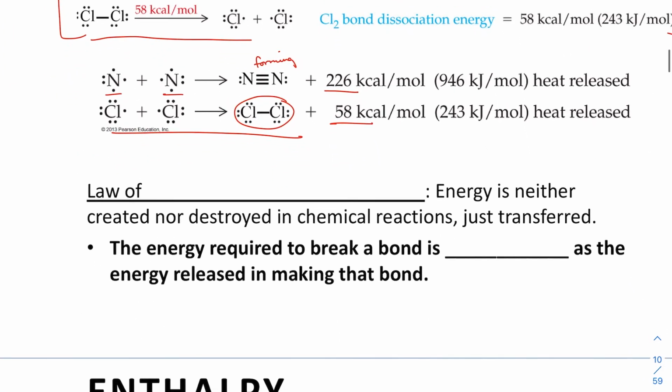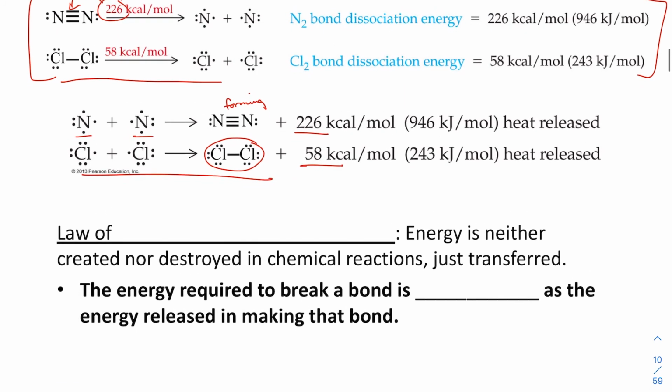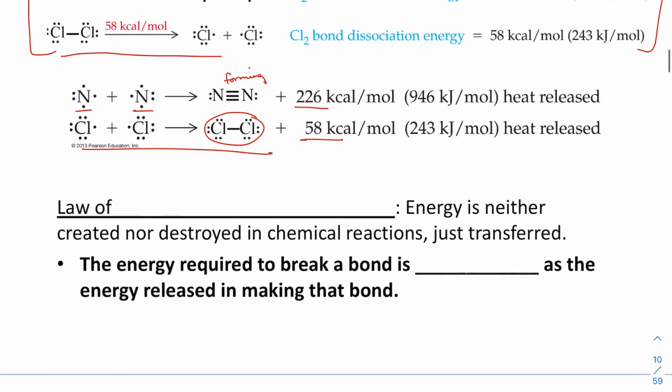And this whole idea, represented by these two figures, is a law in chemistry known as the law of conservation of energy, which says that energy is neither created nor destroyed in chemical reactions.